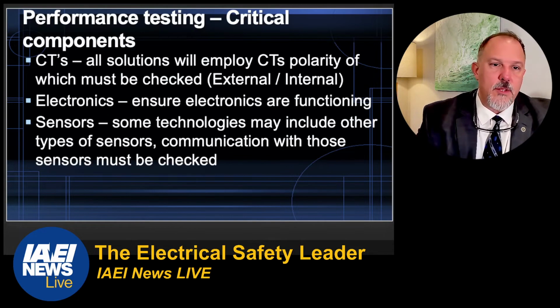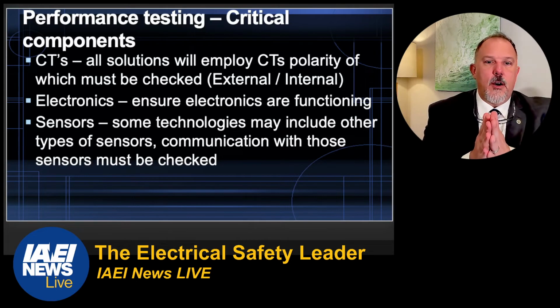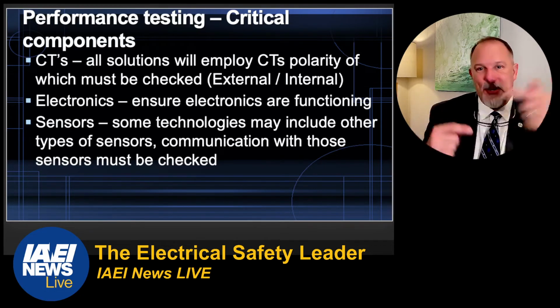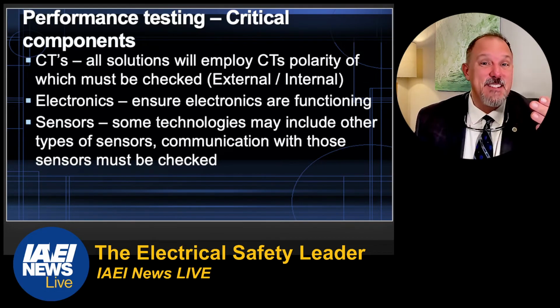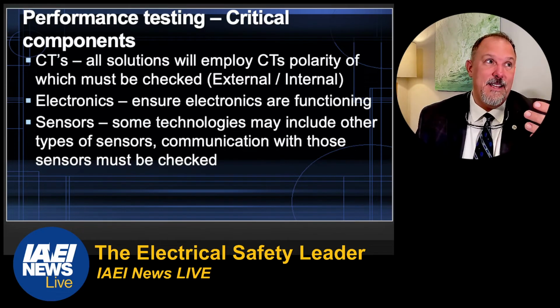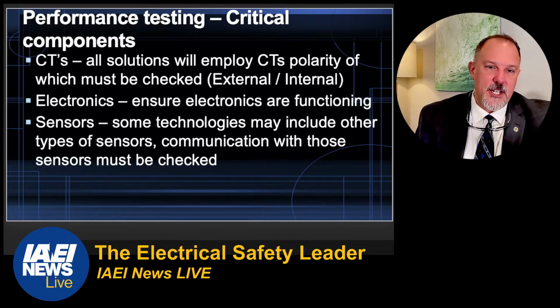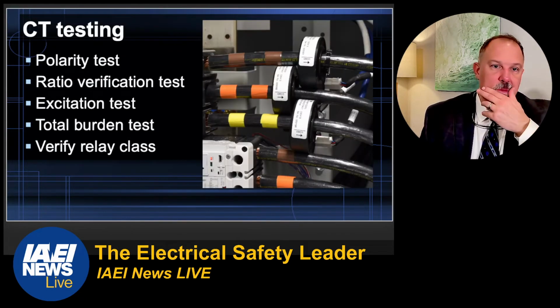If you look at the requirements, all the CTs have to be checked for polarity. What's marked on them, line and load or current goes this way, is not 100% correct every single time, so you need to check your polarity on the CTs. You're going to want to make sure the electronics are functioning and that all of your sensors are working appropriately.